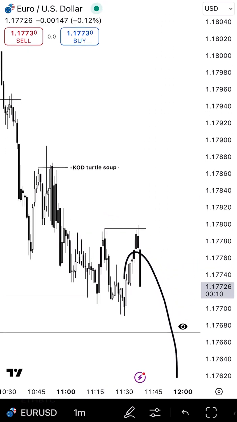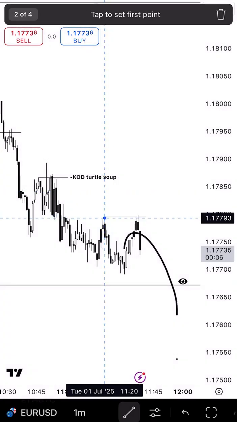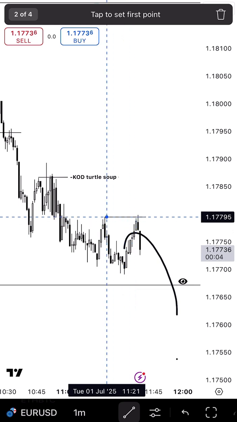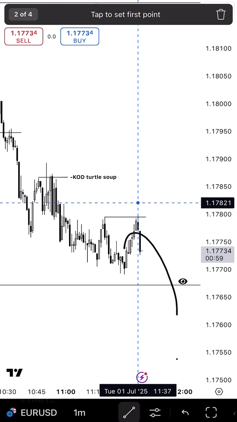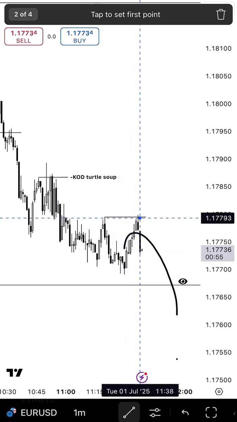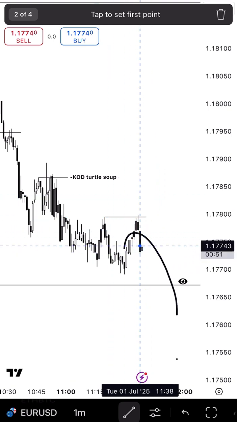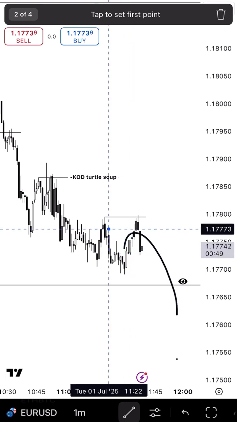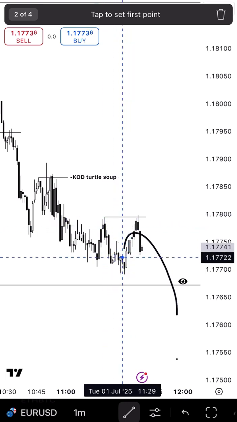And you see how the exact same high I told you is key was never violated? Had they closed above this high, then that would be a warning sign, right? If they do now, it's a warning sign. It's unlikely, but that's how you measure, and that's how you never marry your bias, right?